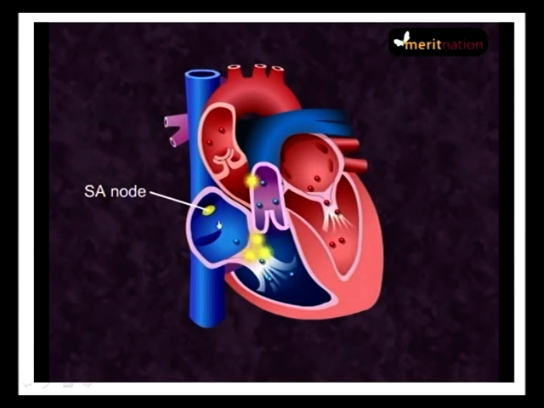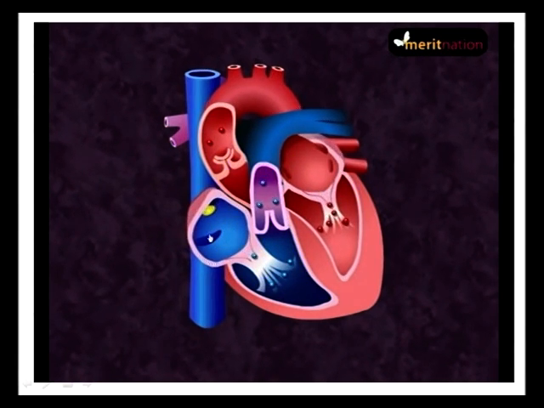Here this is the SA node, which generates the action potentials. This action potential goes around both the atria, which makes both atria contract simultaneously.